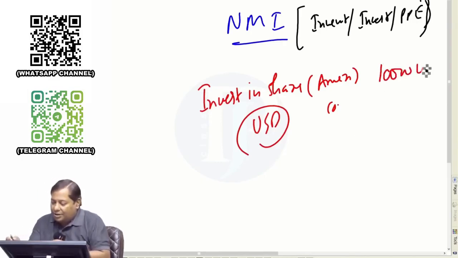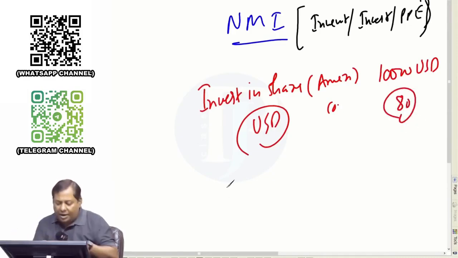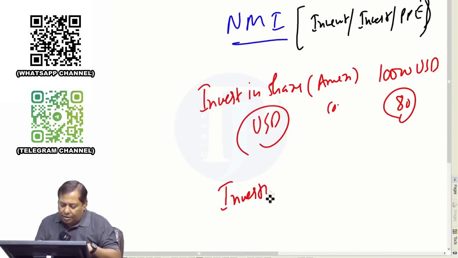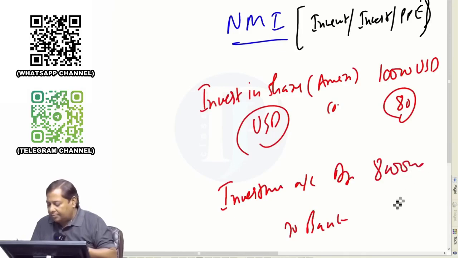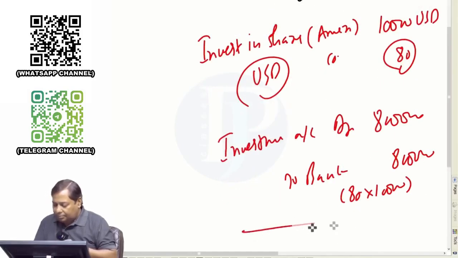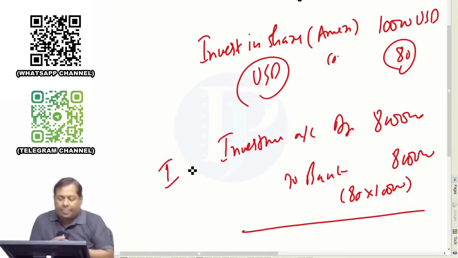So I made a payment of 10,000 USD and the rate on that day was, let's say, 80 rupees. So I passed an entry: investment account debit, to bank, rupees 8 lakhs, 80 into 10,000. This is my step 1.